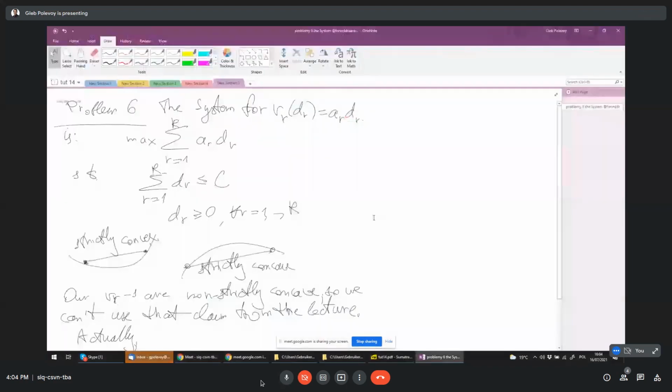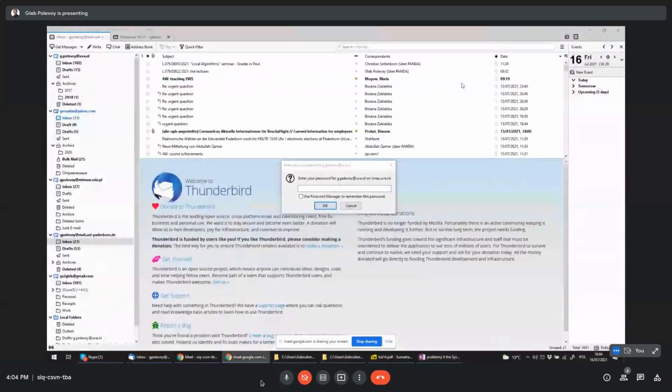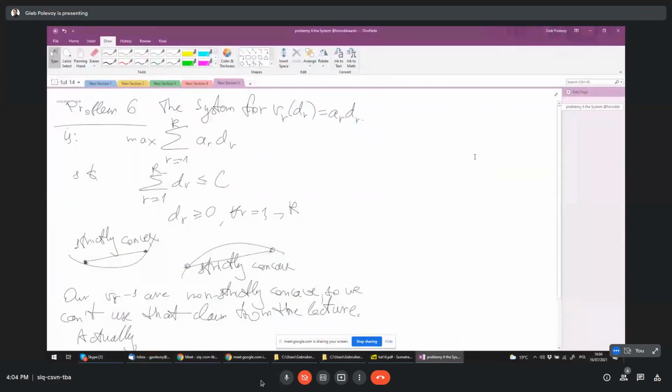Okay, I give you a hint. The solution does not have to be unique. So just give a proof it's not unique, or give an example where it's not unique. Think about something really simple.